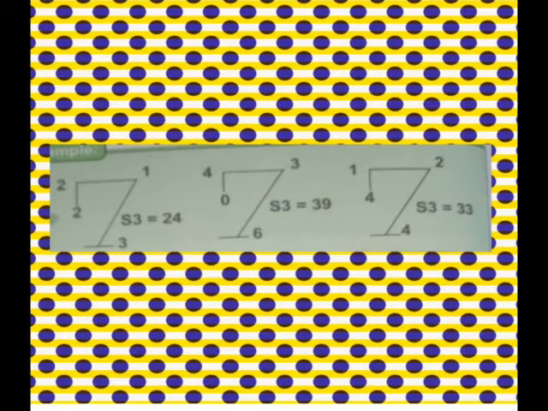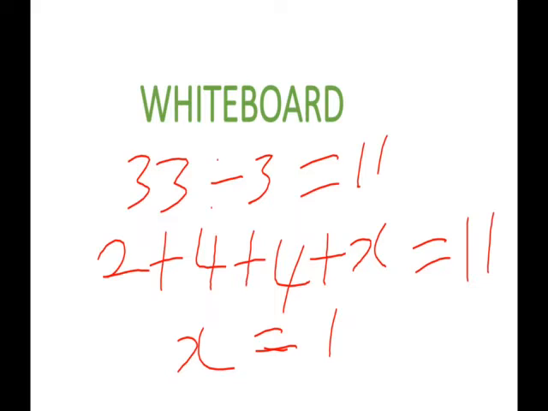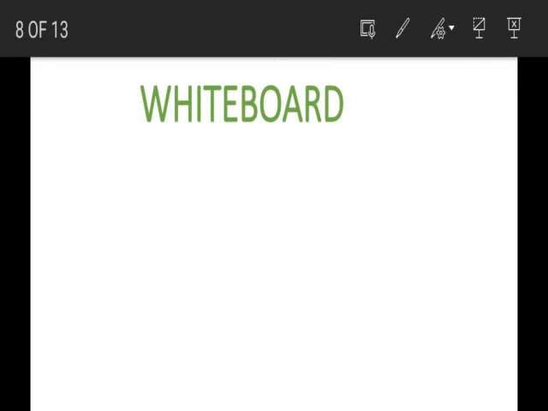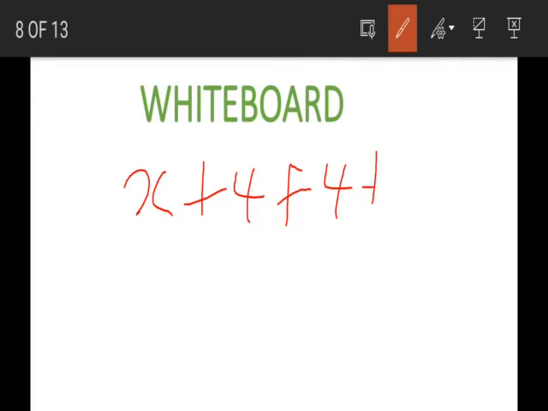Okay. Assuming 2 was not given, how do you get your 2? It's the same thing. Let the unknown be x. X plus 4 plus 4 plus 1.